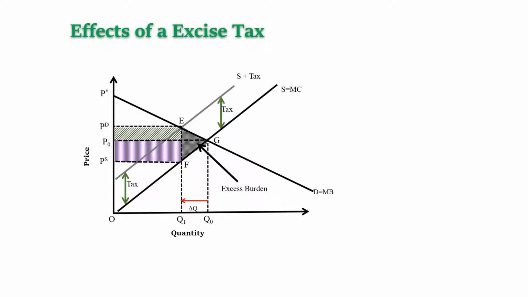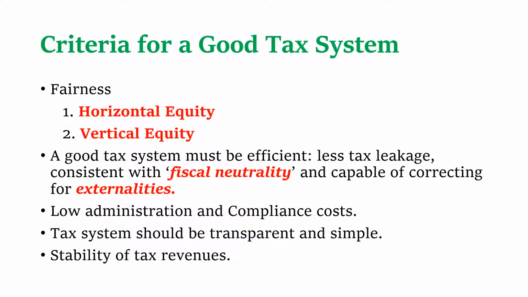So the supply curve is what is going to be affected as a result of the excise tax. Now, this is not the sales tax. So the excise tax shifts the supply curve upwards to the left. And now we have a new supply price and a new demand price. Again, this is similar to what we did before. So that one is self-explanatory. Now let's look at the criteria for a good tax system.